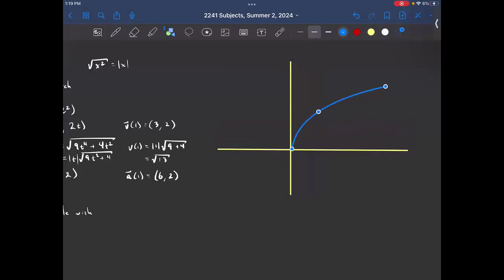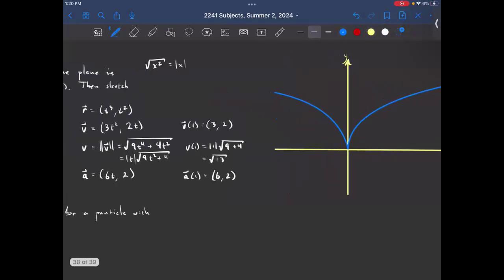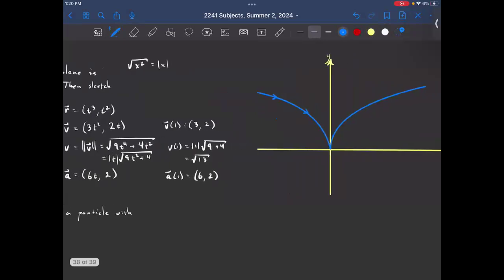Something like this, sort of a vertical cusp right there. All right, and this is the y-axis now, and this is the x-axis. All right, so my curve is then going to be moving in the positive x direction. As t increases, so does x.